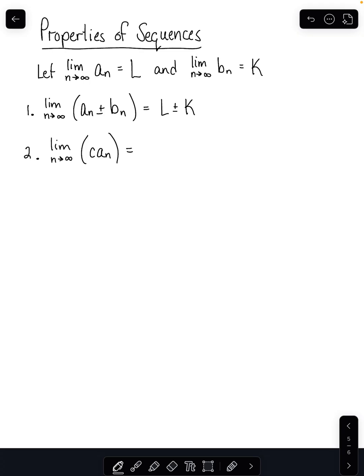They just approach a value that is twice as big or 5 times as big. So this does not change the convergence of the sequence, it simply changes the value to which it converges.